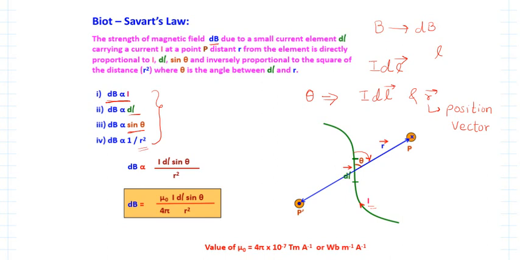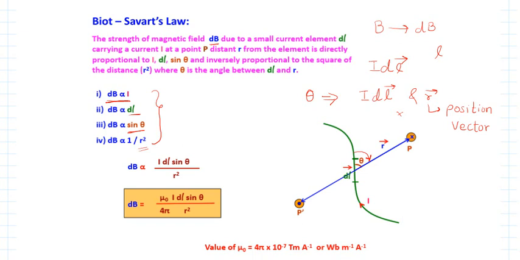Which two things? The current element and the point of interest. You can imagine your point of interest anywhere, somewhere here, or maybe closer to the wire. But as per the distance and the orientation of the point of interest, the amount of magnetic field it will have at that location would vary, right?